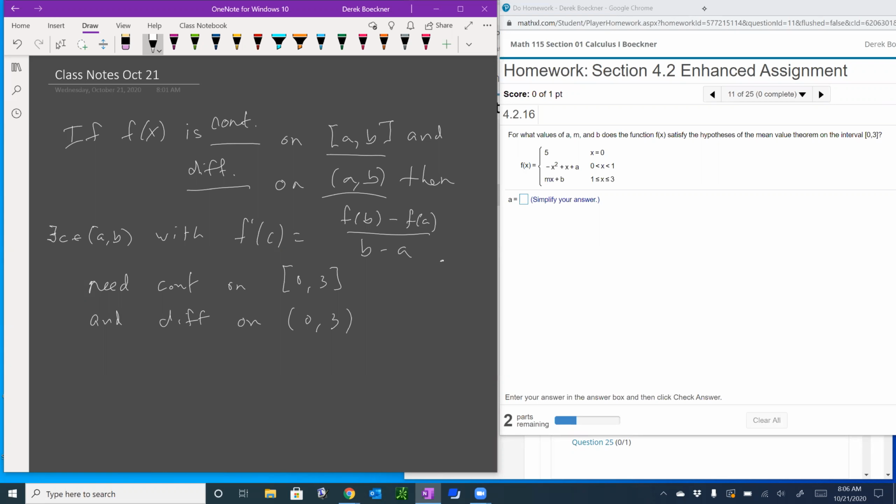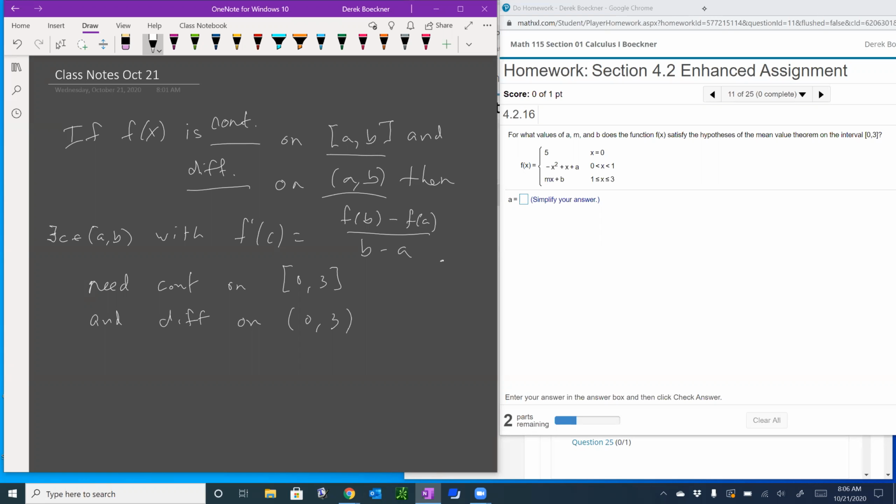Yeah, at 0, right? I've got a change from function 1 to function 2 in this piecewise function, from 5 to minus x squared plus x plus a at 0. So we want to be continuous at 0. What has to be true for it to be continuous at 0? Yeah, the limit as I approach from the left and the right has to be 5.